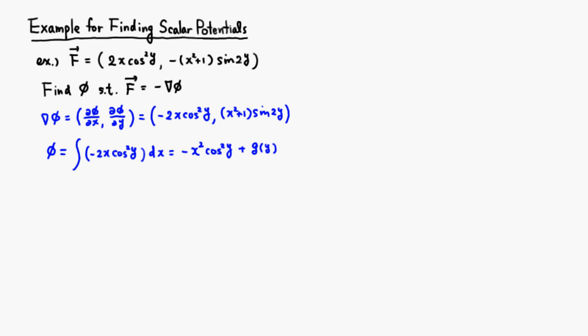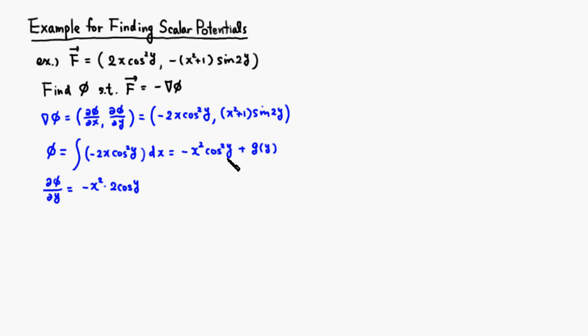Right, and then we take the partial of what we found with respect to y, so we can use the second clue there. So this is a partial with respect to y. It's going to be negative x squared, which is just going to be a constant, and then put 2 in front, so it's a general power rule, cosine of y.